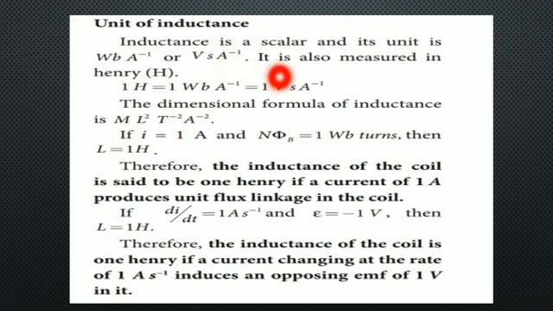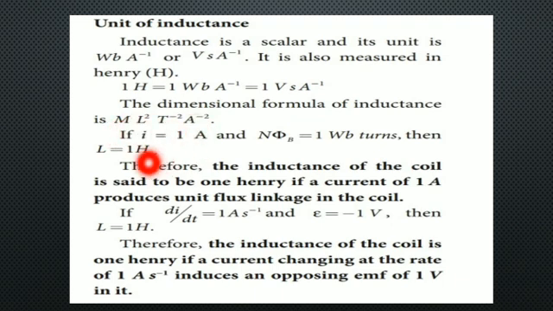It is also measured in Henry, so the unit of inductance is Henry. 1 Henry is equal to 1 Weber per ampere, equal to 1 volt second per ampere. The dimensional formula for inductance is M L² T⁻² A⁻². So this is the important 1 mark.